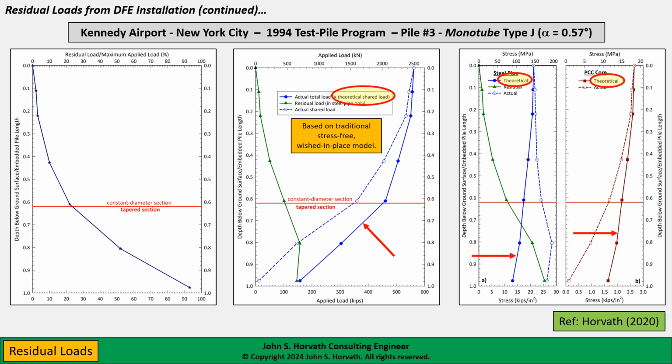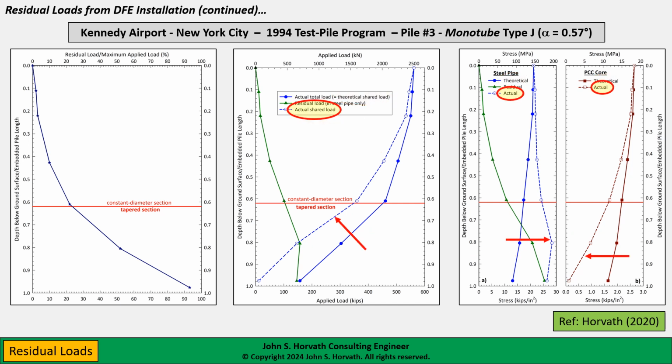They're wrong because we have not considered the residual stresses that exist in the steel shell before we concrete the pile. All right, so in reality, the shared load is less than we think because that steel pipe is already stressed by the residual load before any concrete is even put in there, no less hardens, to be able to support any load.